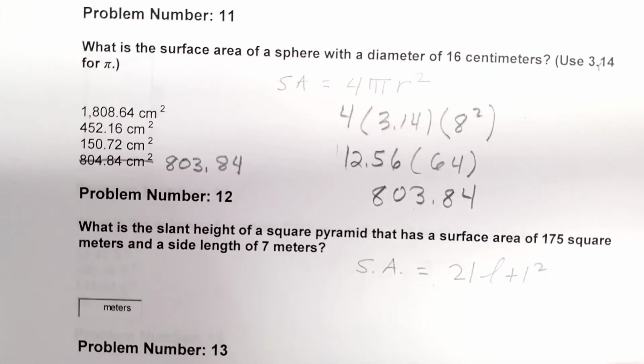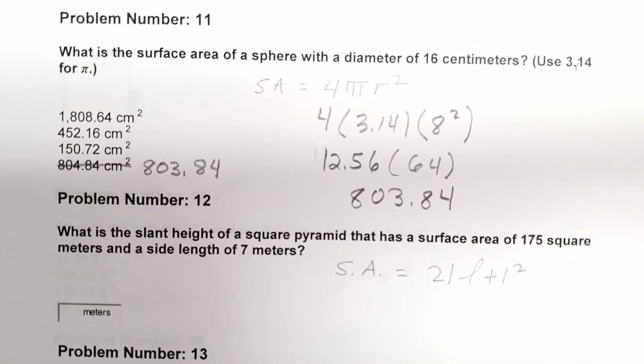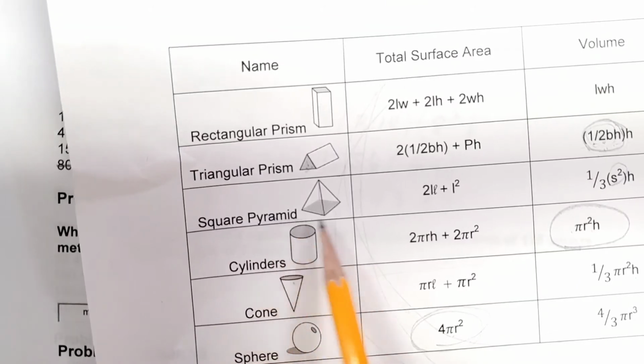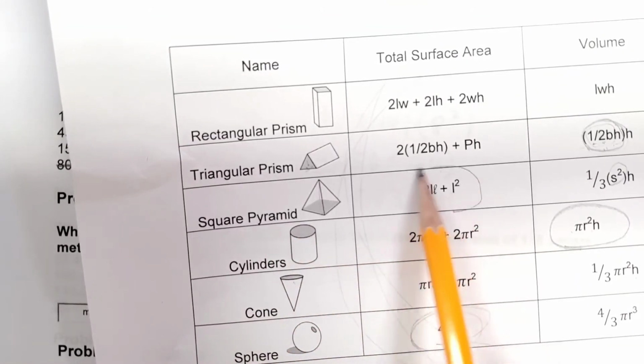All right, what is the slant height of a square pyramid that has a surface area of 175 square meters and a side length of 7 meters? Okay, here's square pyramid. Here's surface area.